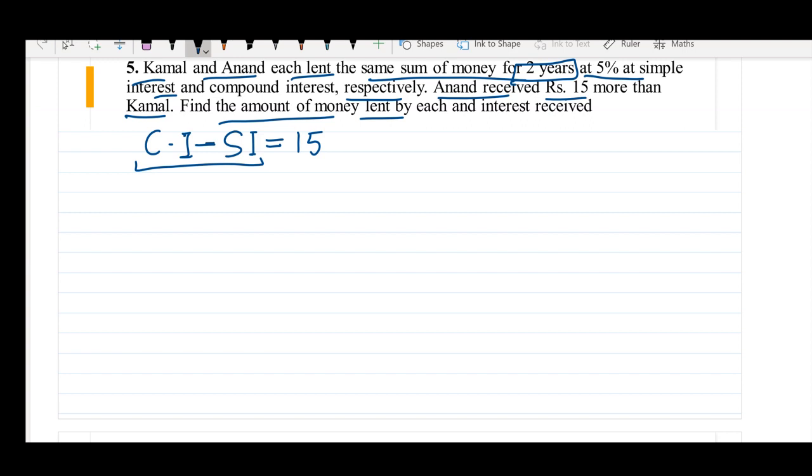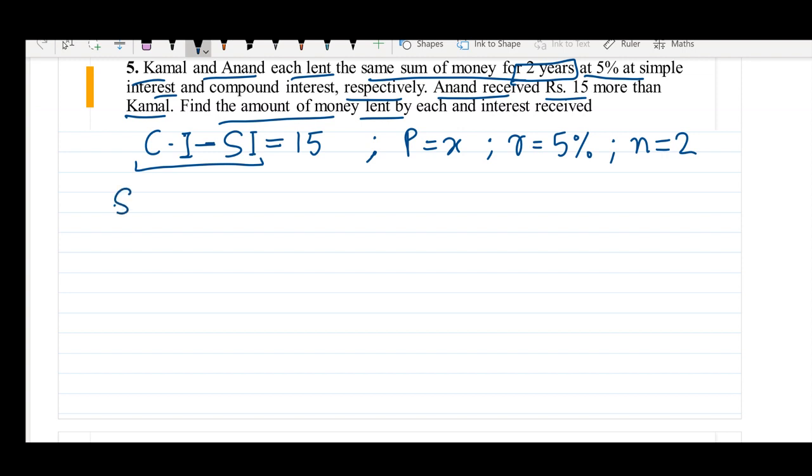They have lent the same amount, so the interest they got, that is actually their difference, or you can say Anand has received 15 rupees extra interest as compared to Kamal. So let's find CI and SI. For starting, let's say the principal amount P was X for both, rate is given 5%, time is given 2 years.